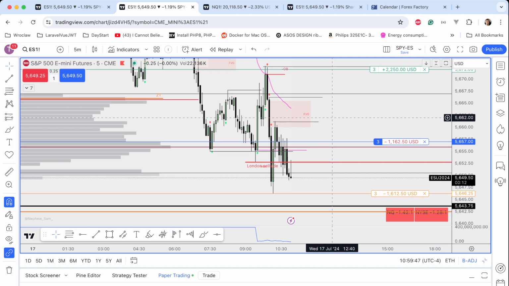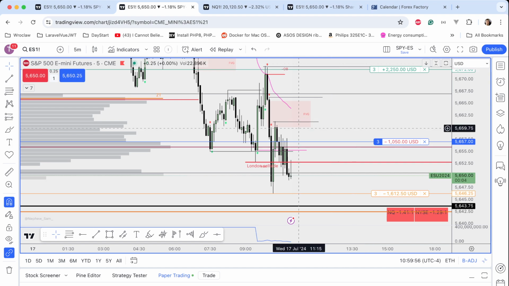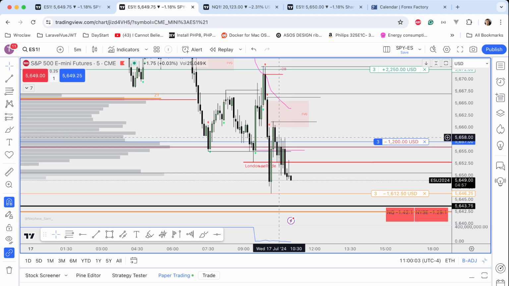I think we're just gonna go down at this point. There was this moment here when there was a good place where we're supposed to go higher, and we didn't do it.